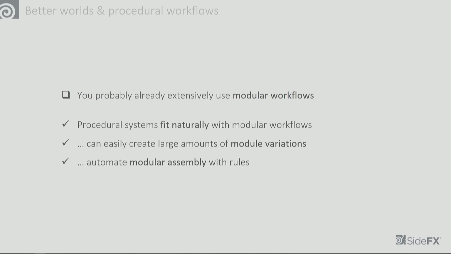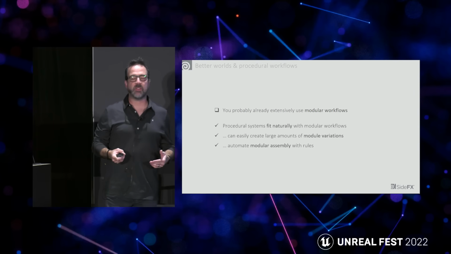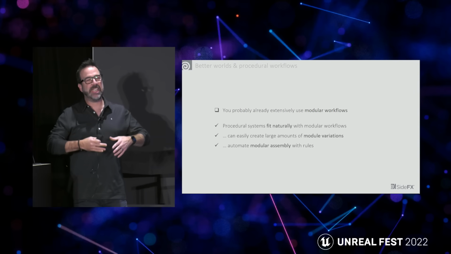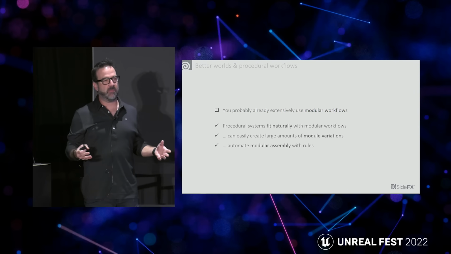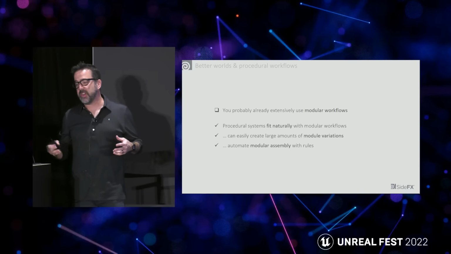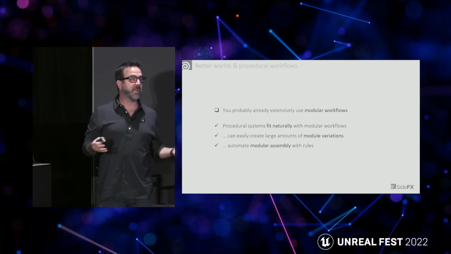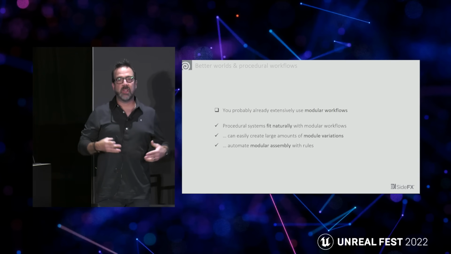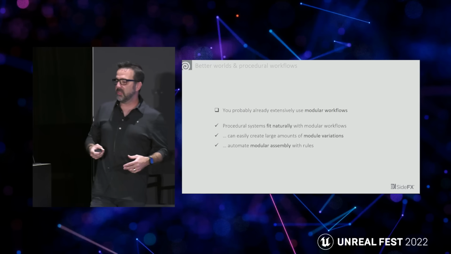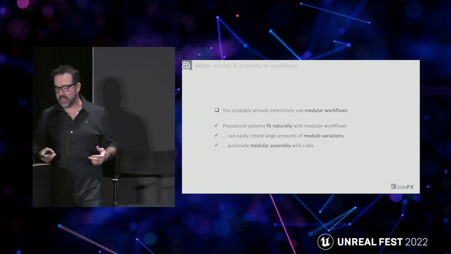But the nice thing about proceduralism, if you're already in a modular workflow, is that procedural systems fit naturally within it. They can easily create large amounts of modular data or variations and automate some of the assembly of the modular systems with a set of rules to give you really great variable results.